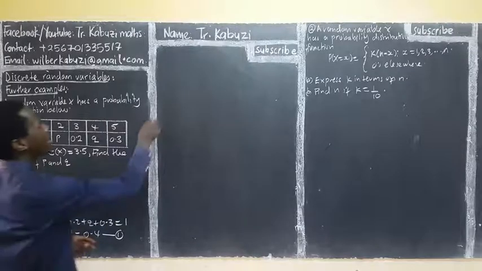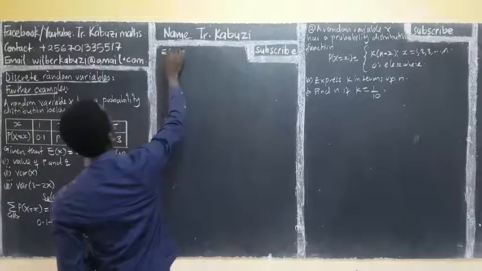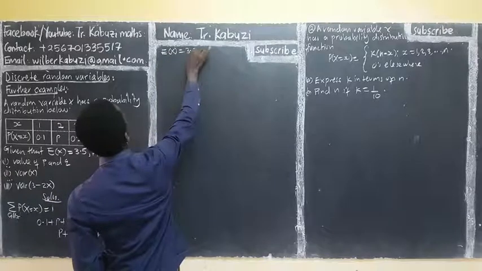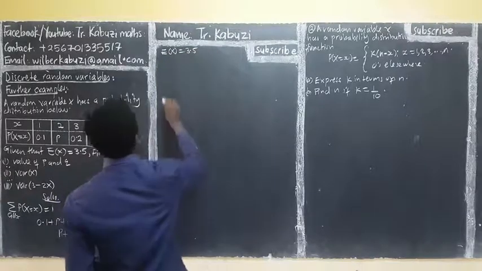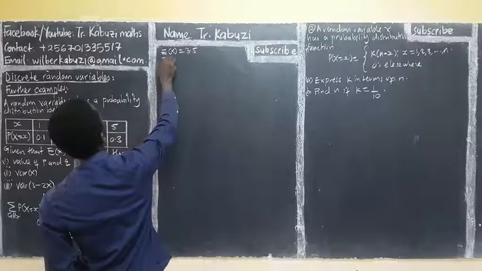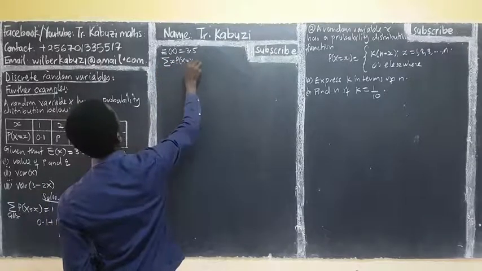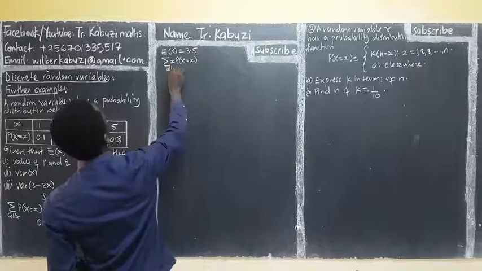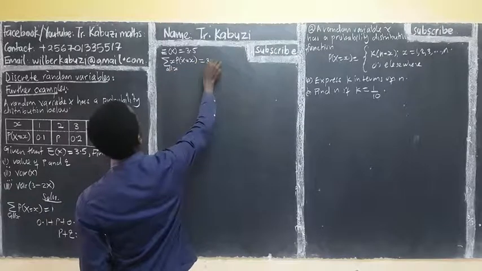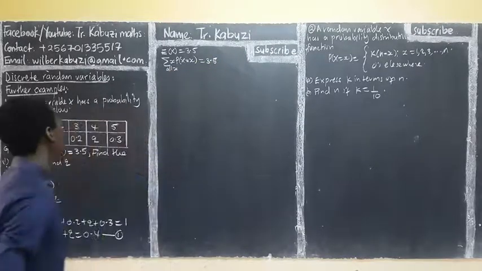They are telling me that the mean is 3.5. But the mean is given by the sum of all x with their probabilities. Now it's given as 3.5, so that's what I'm going to do also.